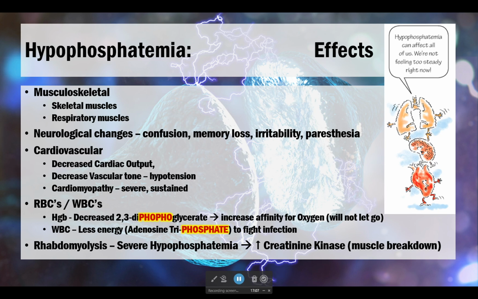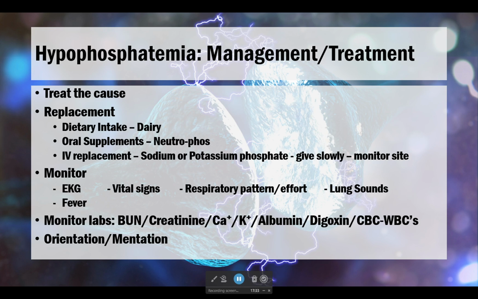We'll talk about diabetes, particularly DKA, when the body goes to break down fats for metabolism and what that does. In this case, we're talking about the body breaking down muscle for energy. And in that situation, you have a profound increase in creatinine kinase. So there's a lot of junk in the bloodstream for the kidneys to filter that can then clog the kidneys or back up the kidneys and cause renal failure.